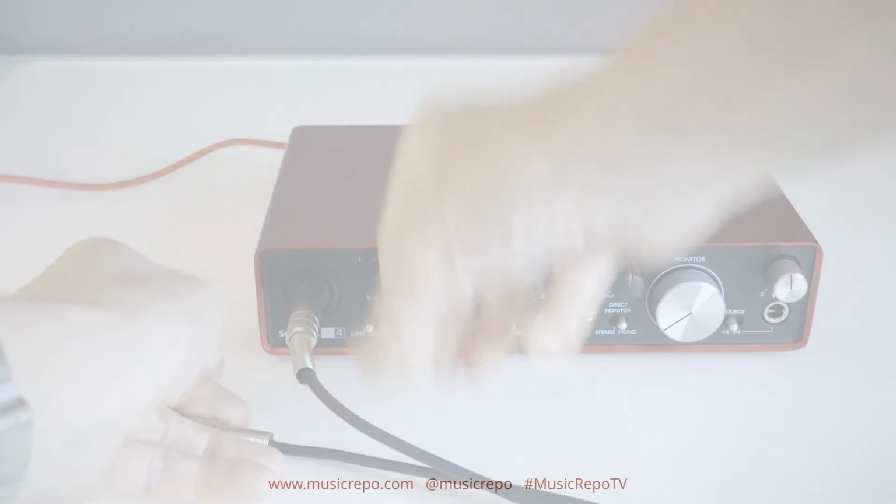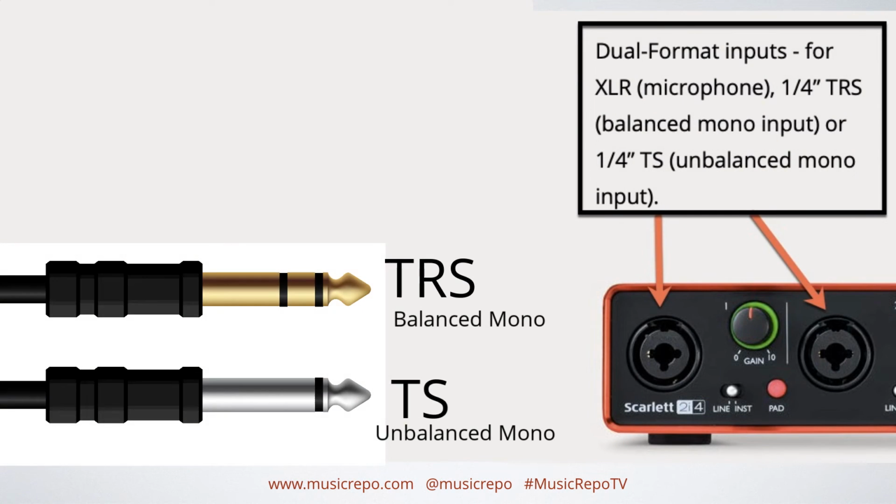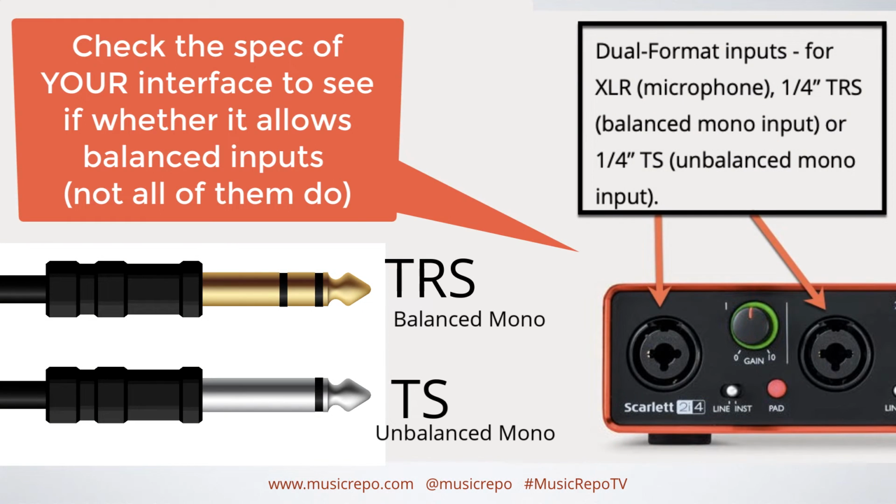Now on this interface, you can have balanced or unbalanced 1/4 inch inputs. And so it will automatically detect what kind of cable you put in and treat it as such.